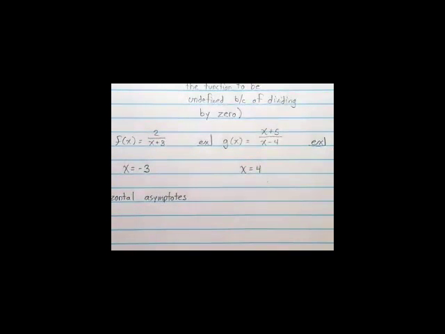All right, so a horizontal asymptote it's a value of y. Okay, a vertical asymptote is a value of x.